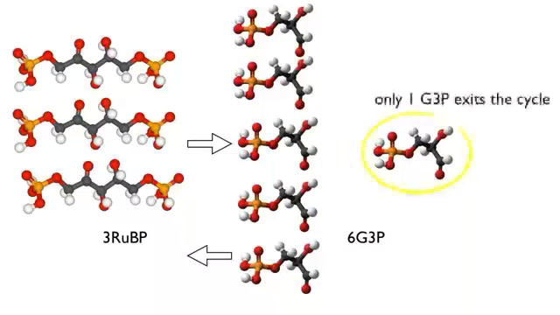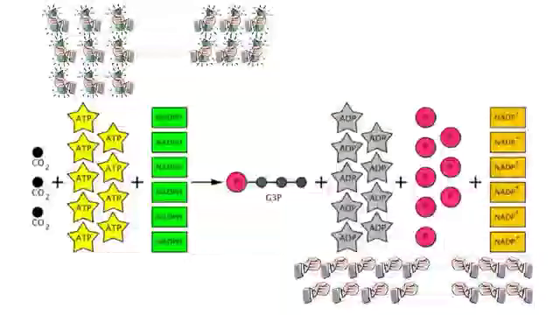The only thing that gets to leave is 1 G3P, right? Because you make 6, but it costs you 5. This is kind of confusing. So if you want to see how expensive this really is, to get 1 G3P released from the cycle, it's going to cost 9 ATPs and 6 NADPHs. So this is a really expensive process.